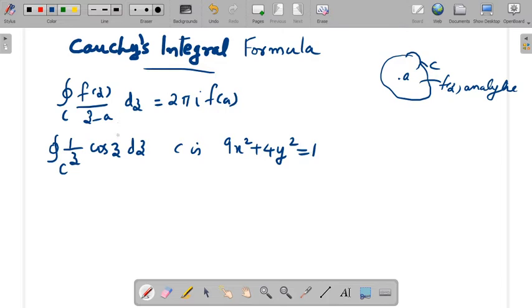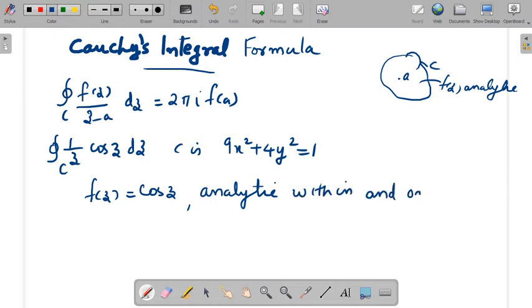So we are going to compare it with the function f z, or with the integrand f z by z minus a dz. So the function in the numerator f z is equal to cos z, and we know this function is analytic everywhere. So in particular it is analytic within and on C. So our first requirement is satisfied.